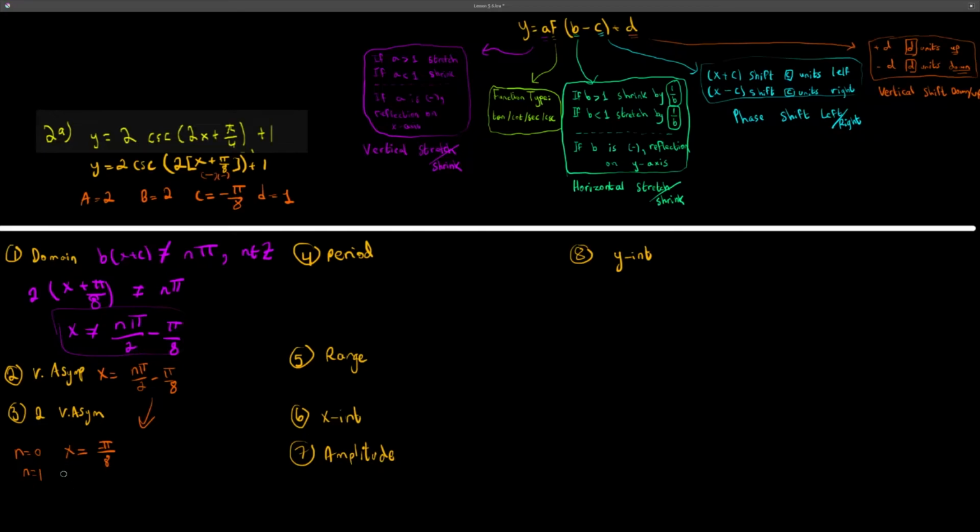And n equal to 1 is going to be pi over 2 minus pi over 8, which is equal to 3 pi over 8. And those are our two answers. Those are our two asymptotes.